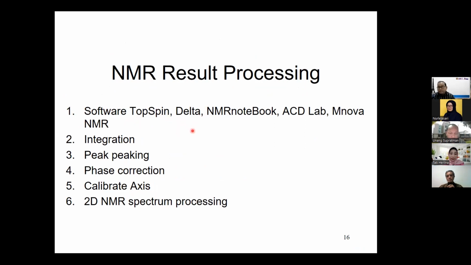There are third-party software that we use: NMR Notebook, ACD Labs, and MestReNova. What we will learn after this is integration, peak picking, and phase correction. This is what we have to do. And if the axis doesn't really fit what you expected, you have to do some calibration in the NMR processing.